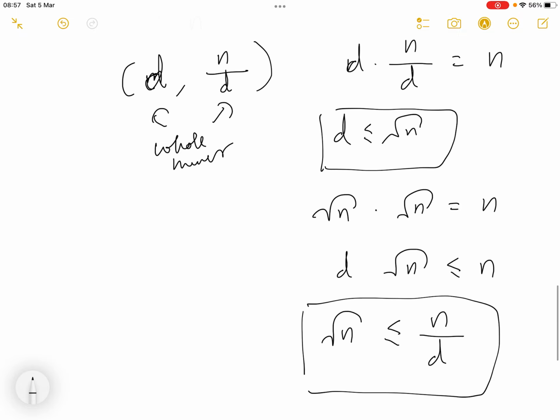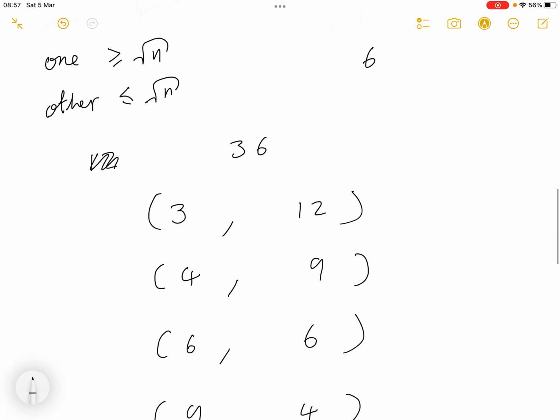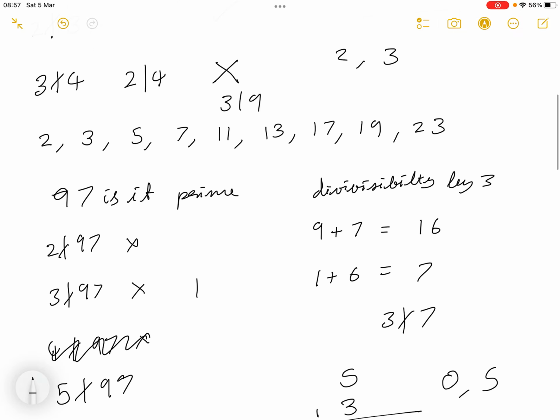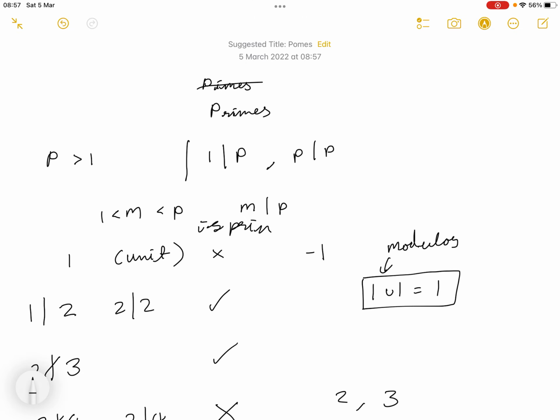Okay, and that's about it. So as a summary, primes are numbers that only have two divisors, which are 1 and itself.